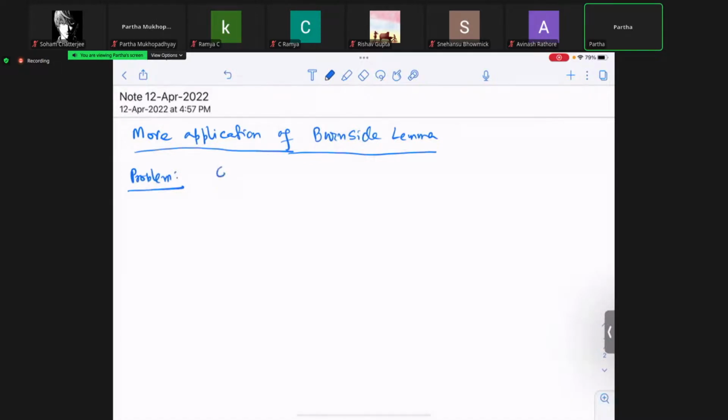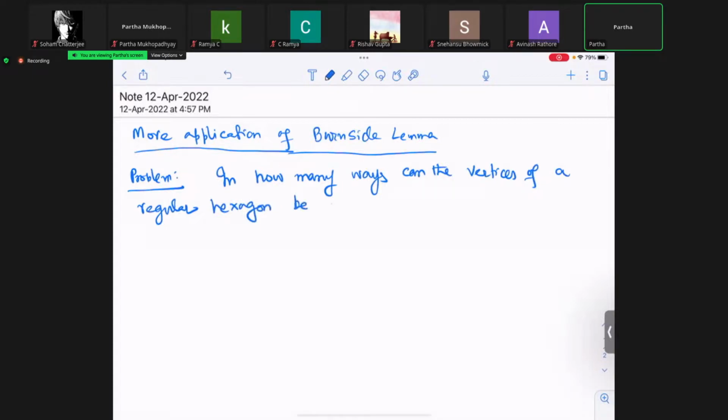In how many ways can the vertices of a regular hexagon be colored using C different colors?